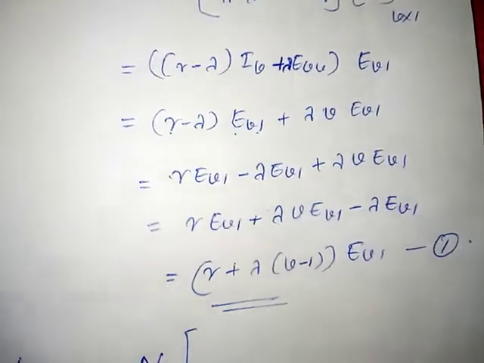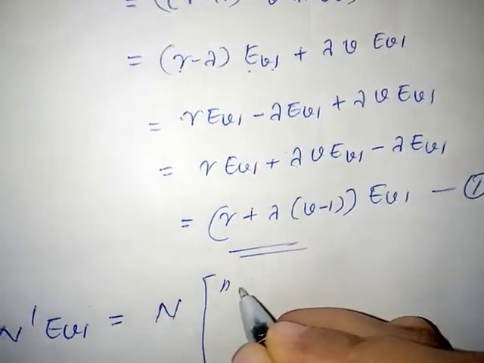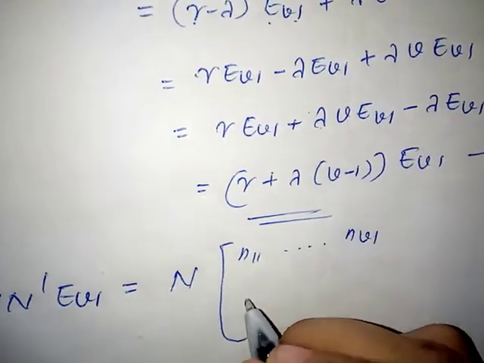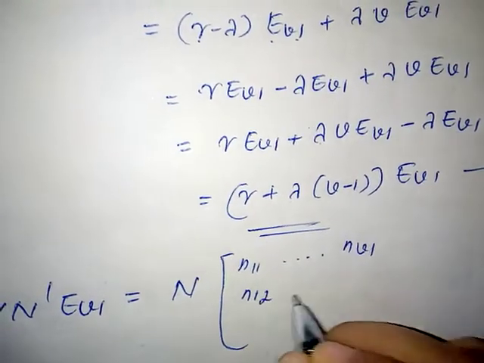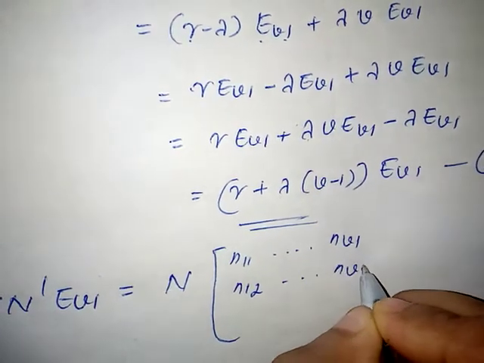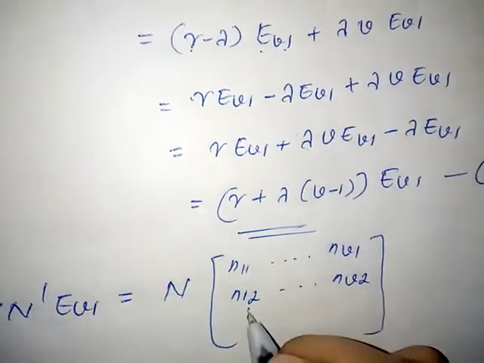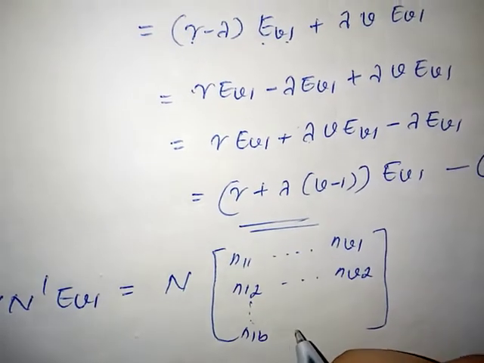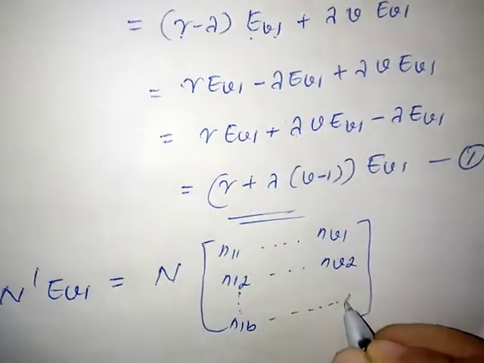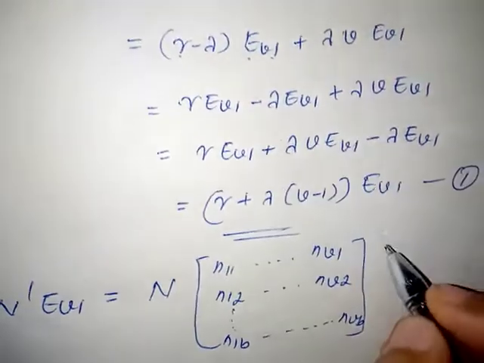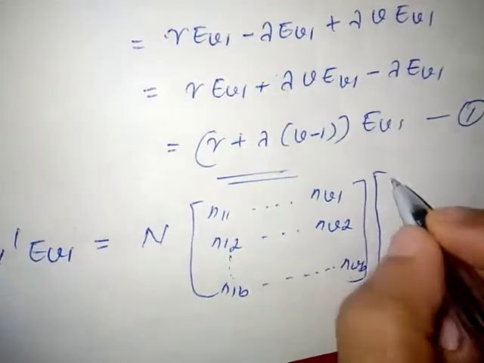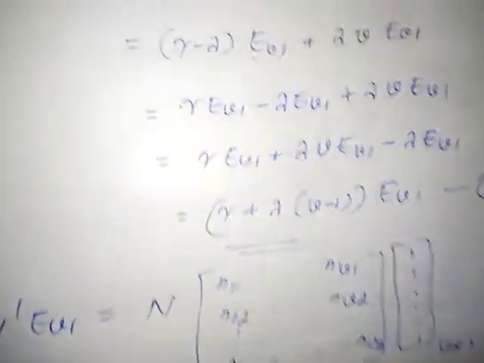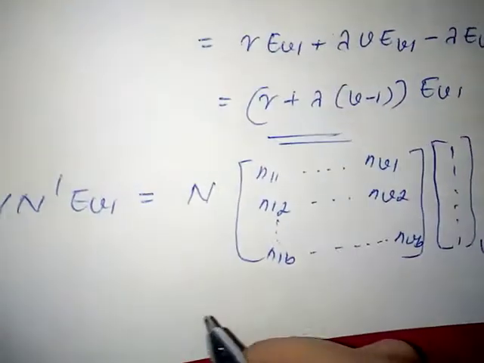Then take the N transpose value, that is n11 and so on up to n_v1, n12 and so on up to n_v2, similarly n1b and so on up to n_vb, right? Then E_v1 equal to 1, 1, and so on, 1, of order v cross 1.